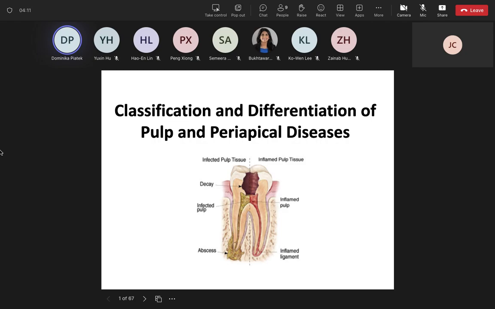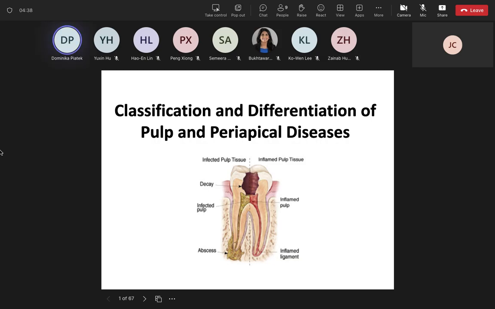So the gingiva is much closer to the apical area. Some part of the dentin which should be covered with cementum is uncovered, because cementum is a rather soft tissue of the tooth, so it can be removed even during brushing.